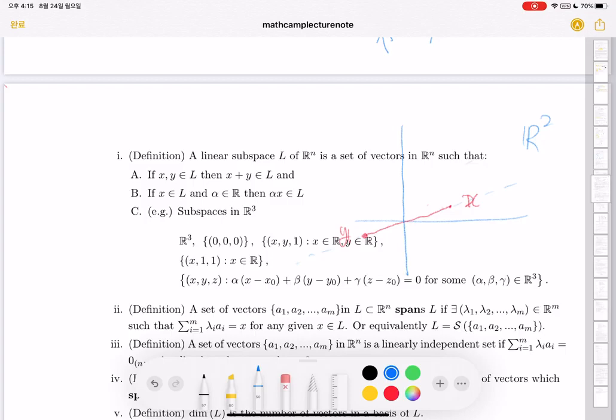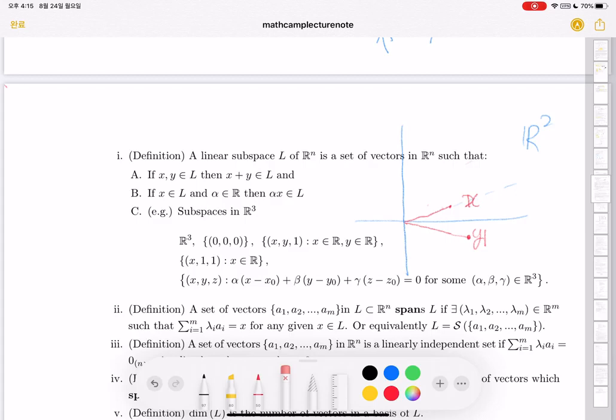However, suppose this is your y. Then you can show that every point in R2 can be written as a linear combination of these two.